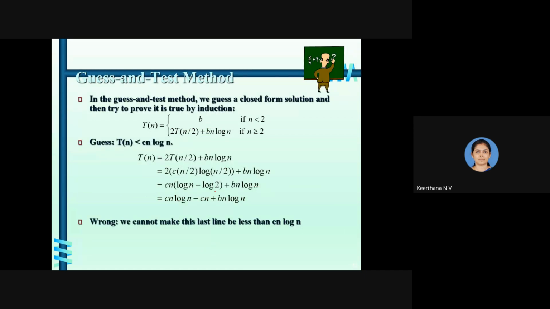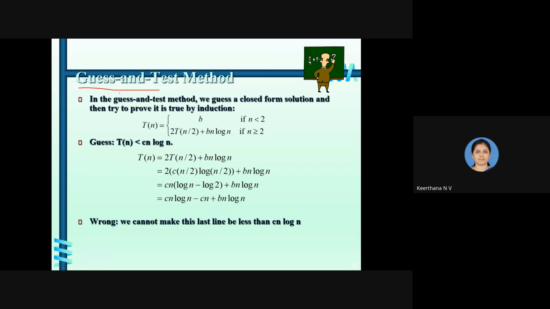Another technique is also used in this method for finding the best time complexity. The third method is the guess and test method. It means trial and error.